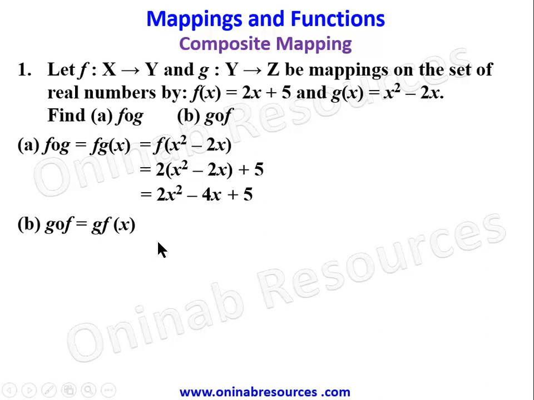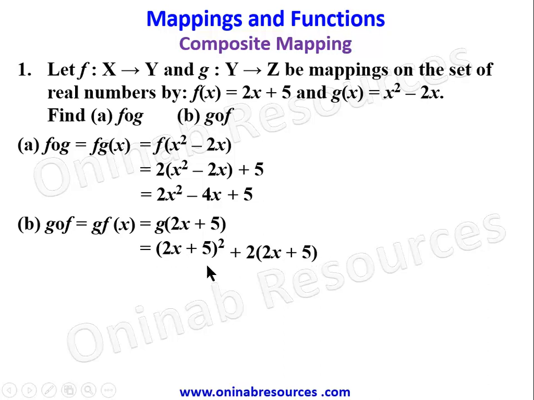So we have g of 2x plus 5. Then we go to g of x. Wherever we see x, we put these brackets. So since we have x squared minus 2x, it means 2x plus 5 squared minus 2 into 2x plus 5.